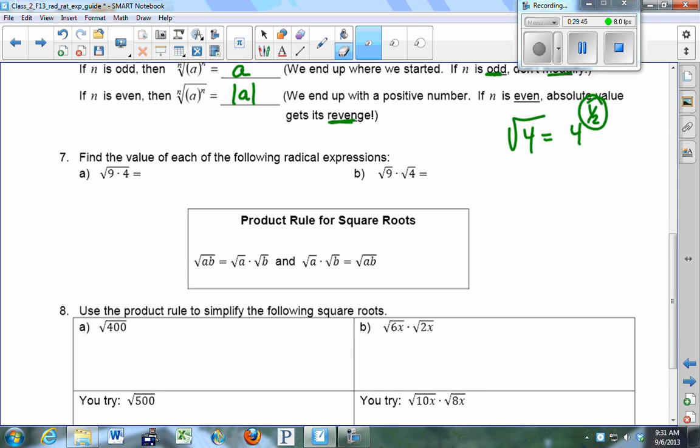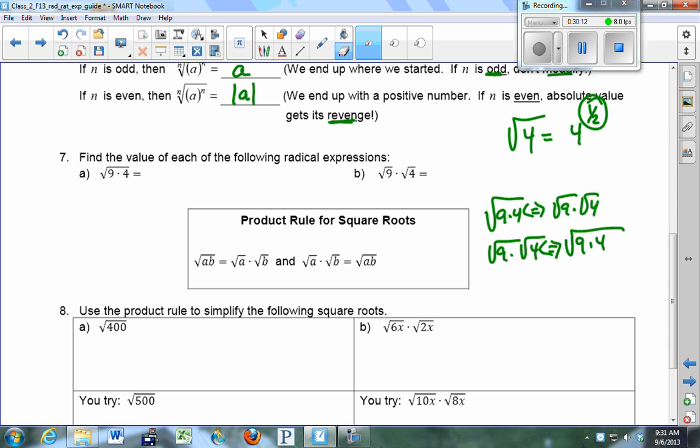It's not an adding and subtracting problem, it's multiplication. So this goes both ways. Doesn't mean you have to start out with it written like the square root of 9 times 4. You could start out with the square root of 9 times the square root of 4, and you could write it all under one roof. Doesn't matter which direction you go in.